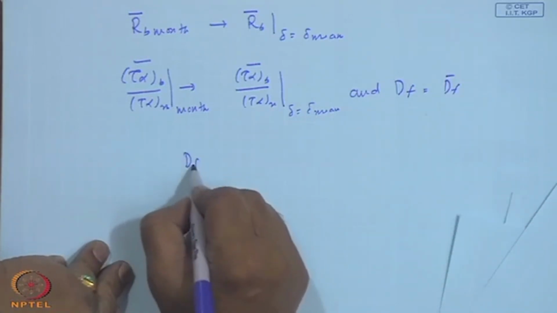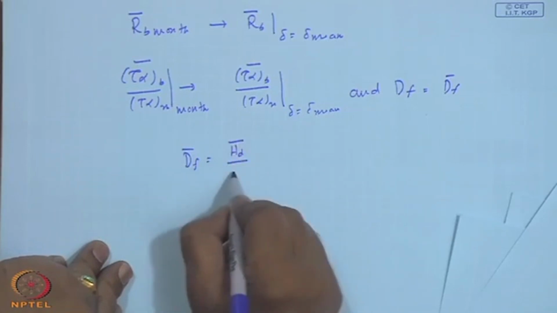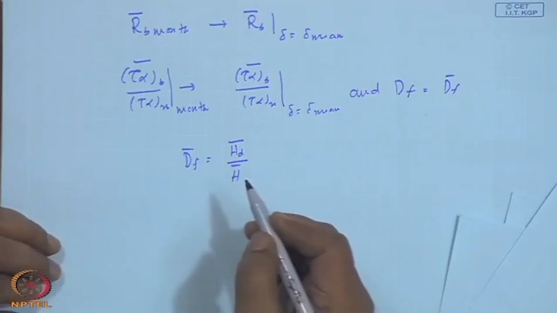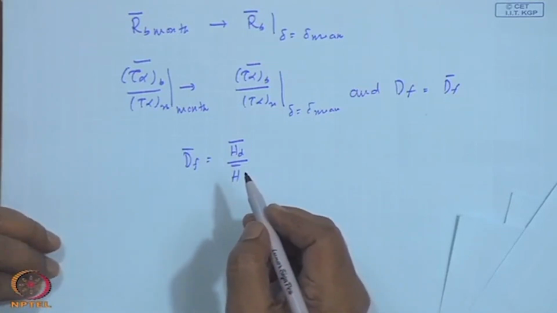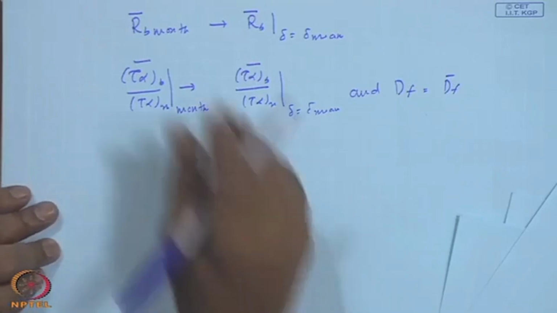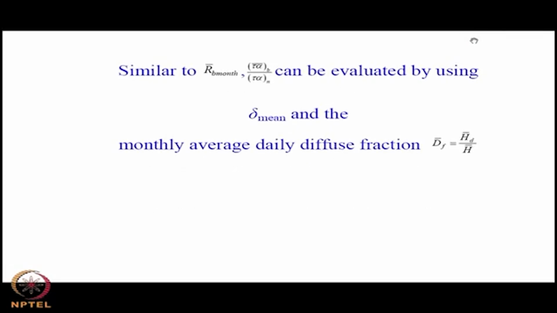Okay. df bar is h d bar upon h bar. So, if you use the monthly average daily diffuse fraction, you will get the monthly average transmittance absorptance product for direct radiation. So, this is what we could achieve.